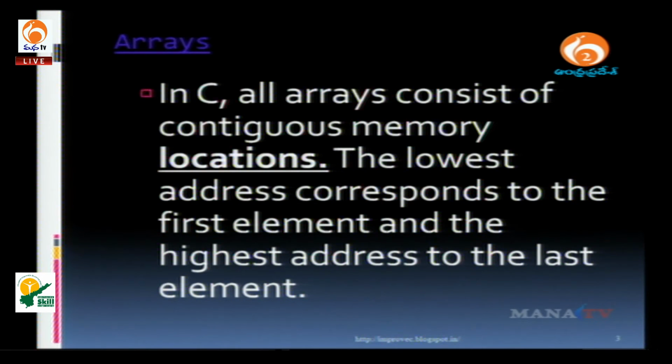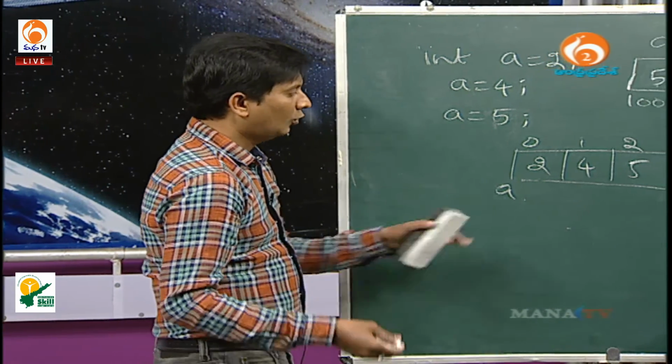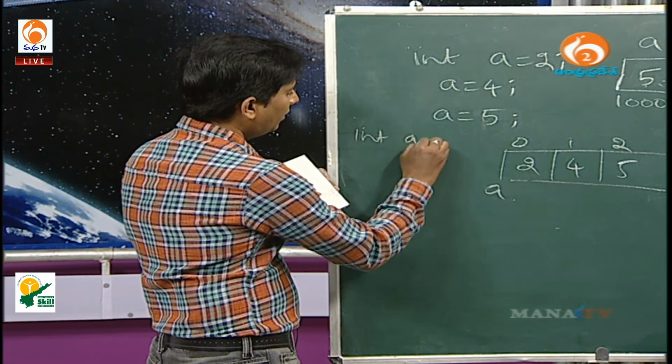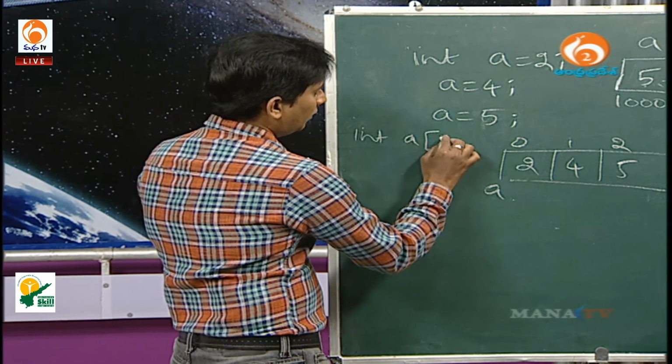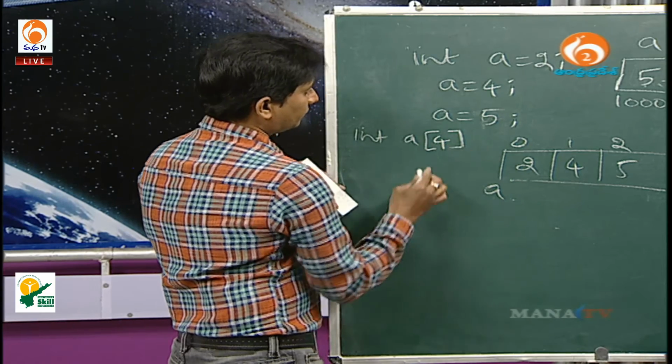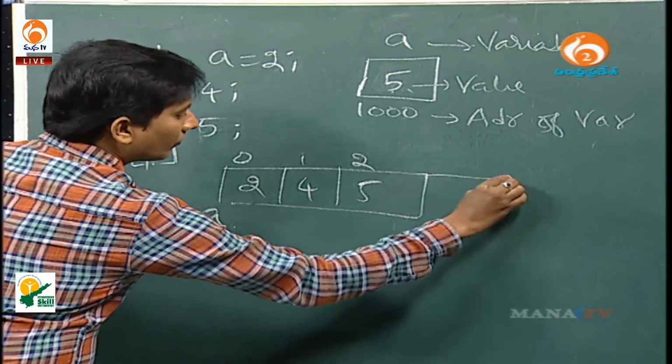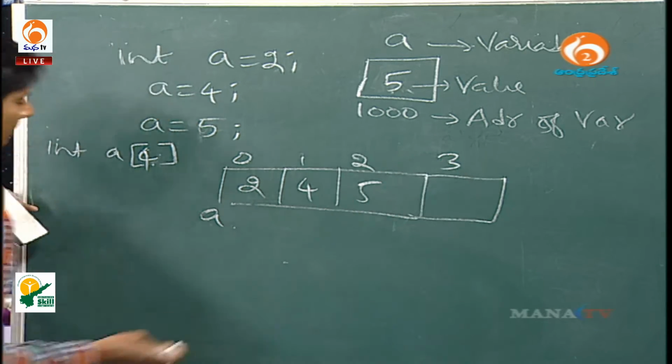What does contiguous memory allocation mean? Just look here, we stored 2, 4, 5. First, to declare this we write int a[3].